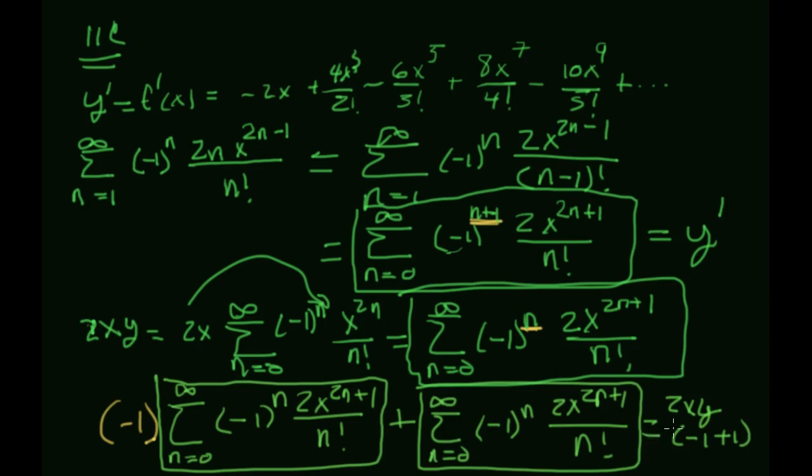So on this end, I put in y prime plus 2xy. This was y prime, this was 2xy. I added those together, and I ended up with 2xy times -1 plus 1. So I factored out the 2xy. But -1 plus 1 is 0. So 0 times 2xy is 0, which is what I set out to prove.